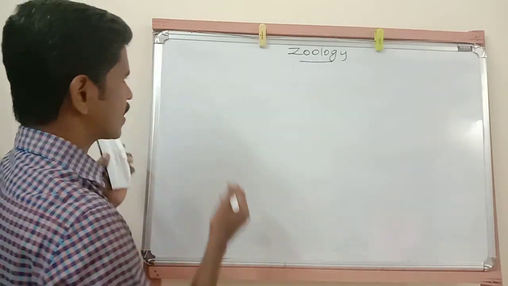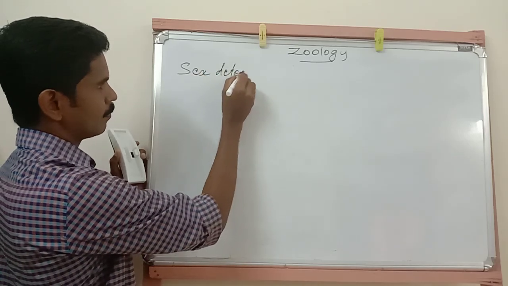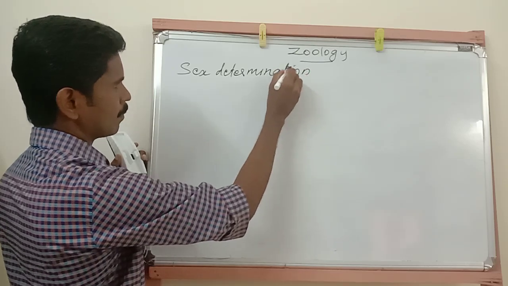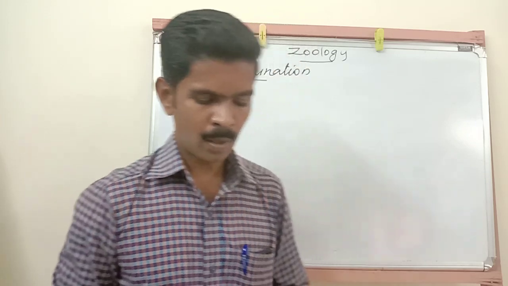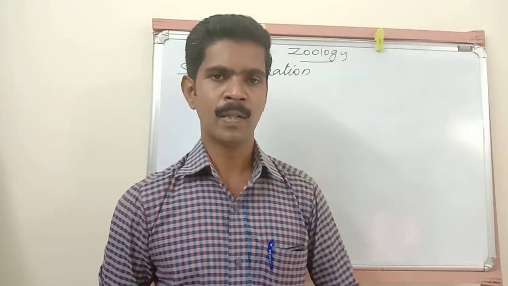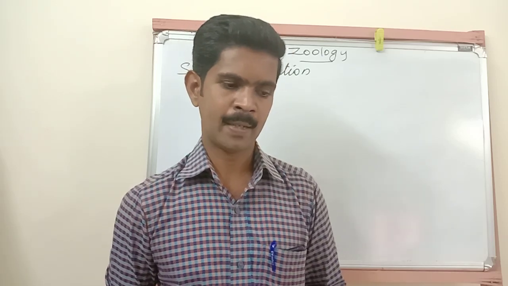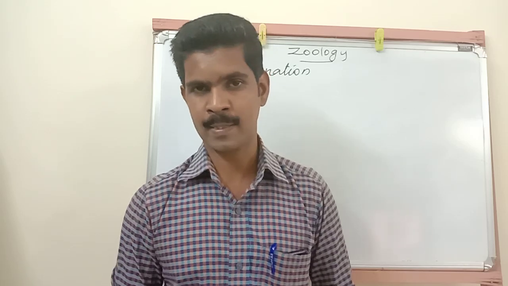The next topic is sex determination. See, you all know our body cell consists of 46 chromosomes. There are 46 chromosomes present in our body cells, and all these 46 chromosomes are arranged in 23 pairs.